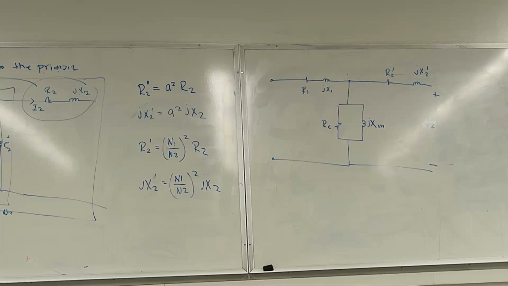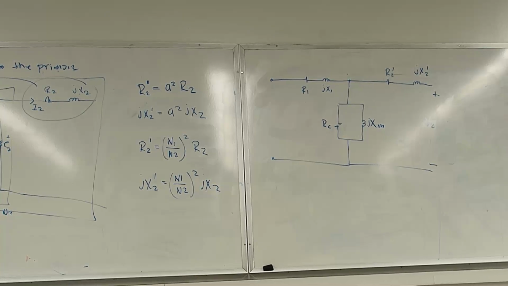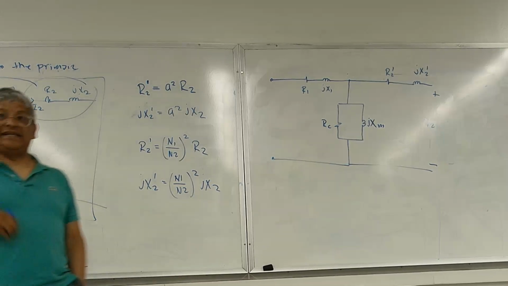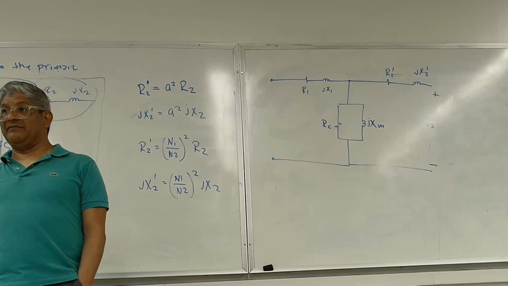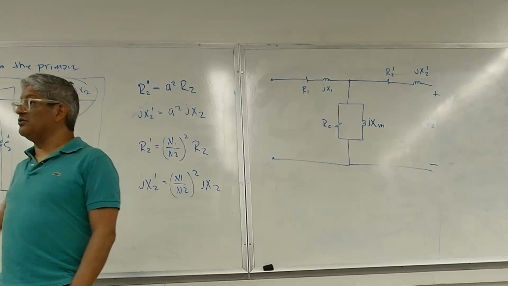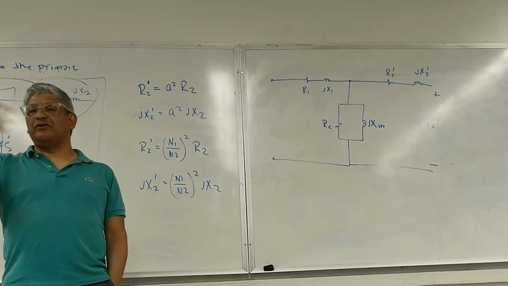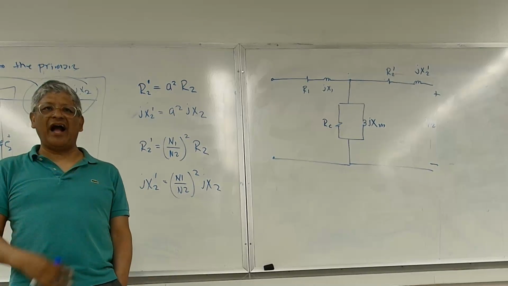Oh, yeah, just a note, I use the word primary and secondary. Does it mean that primary is the high voltage and the secondary is the low voltage? No, not necessarily. Primary means where the source is connected. Secondary means where the load is connected. Okay? So, transformers that we see around here on the poles, serving customers, are for the most part step-down transformers, so the primary is a high voltage.